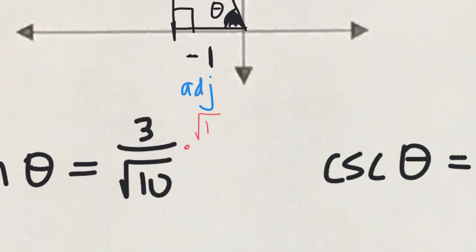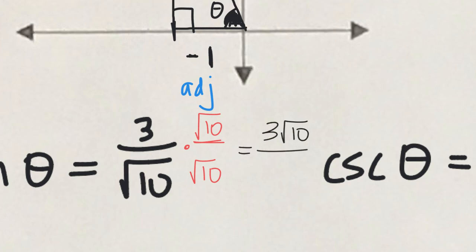And the reason why we do it is because anytime you have a multiple choice test, like on your AP test, they're going to have their answers written in rationalized form. So you have to be familiar with how they got their answer. So we do that by multiplying top and bottom by radical 10. In the numerator, we get 3 root 10.